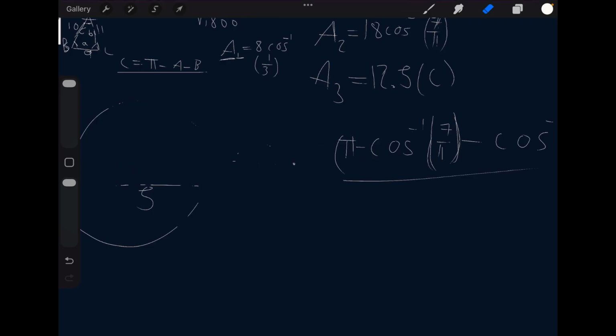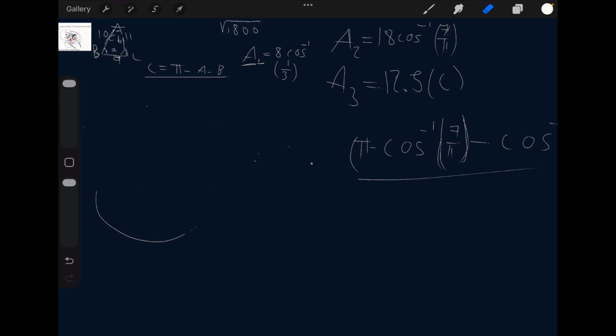And now we just have one step left, really, and that is to find the whole area of the red region, and that will be the area of the whole triangle minus the areas of the circular sectors. And I'll draw a little figure to explain that in a pretty easy way.